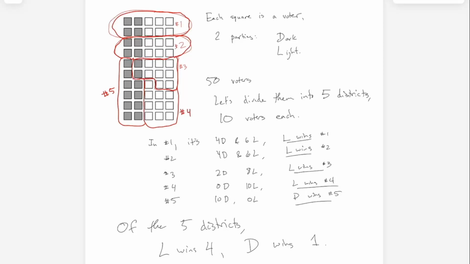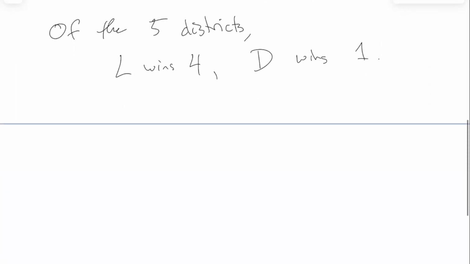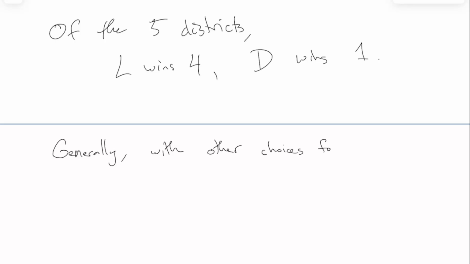I want to talk about big questions that I have for examples like this. I would like to know, generally speaking, with other choices for the districts, like drawing the line slightly differently, which overall outcomes are actually possible?